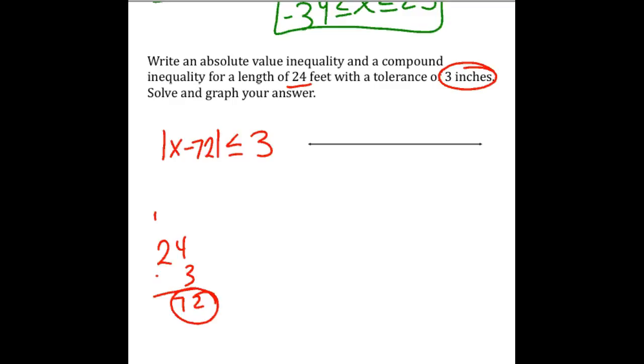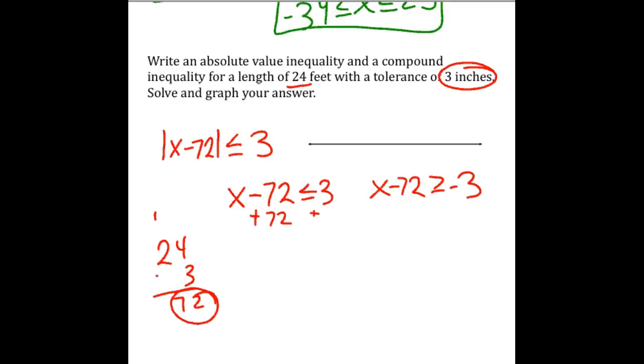We end up with that absolute value inequality, saying the absolute value of x minus 72 is less than or equal to 3. Now, what happens when we solve this one is we take this and we turn it into two inequalities. x minus 72 is less than or equal to 3, and x minus 72 is greater than or equal to negative 3.